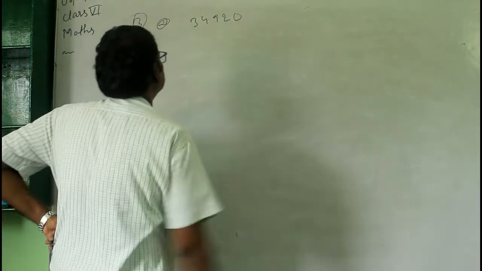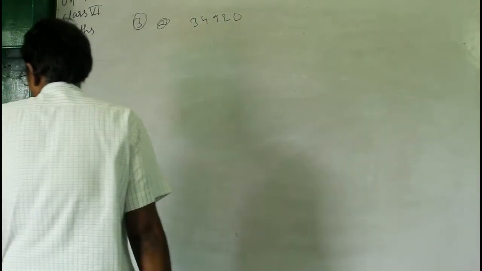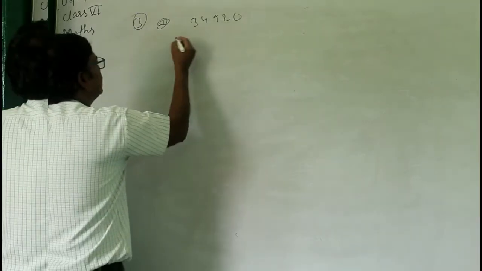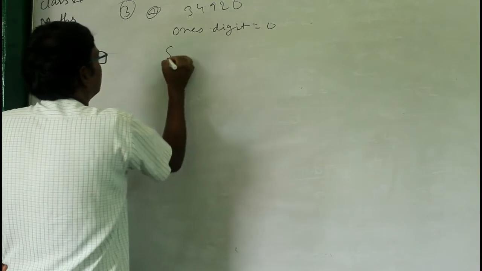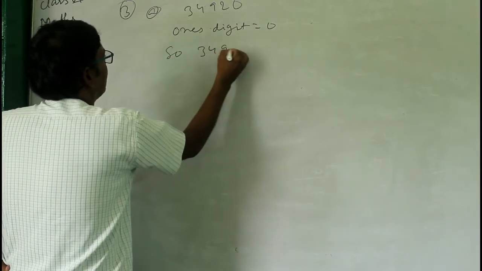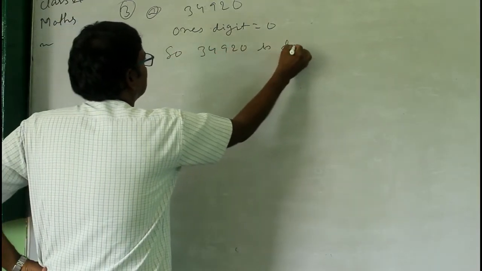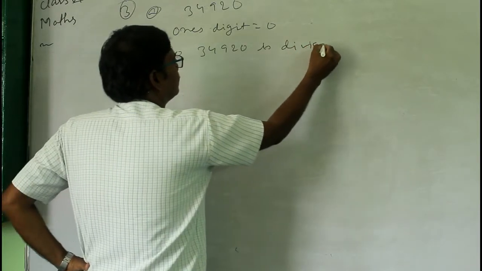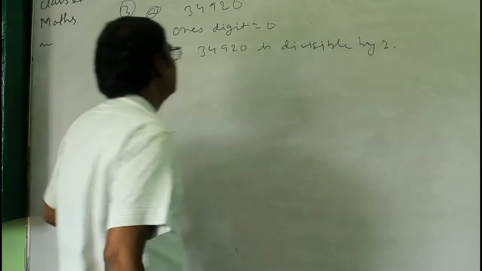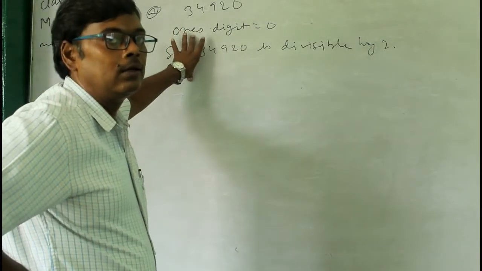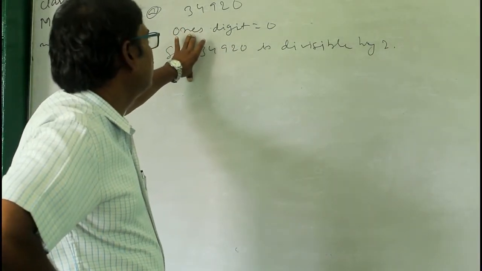The ones digit is 0. So 34920 is divisible by 2. Okay. Because we have to test whether the given number is divisible by 6 or not.